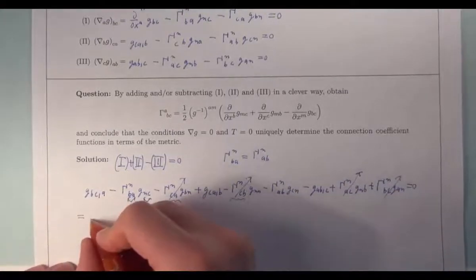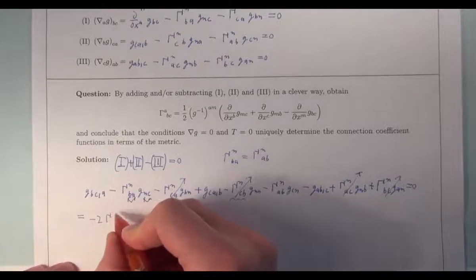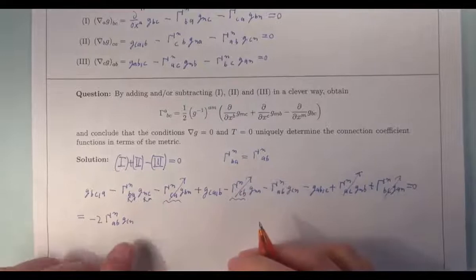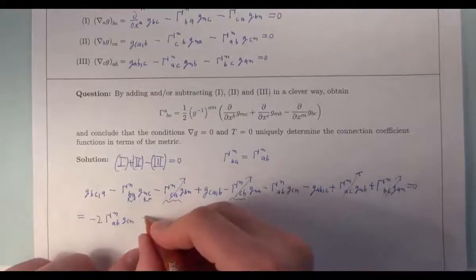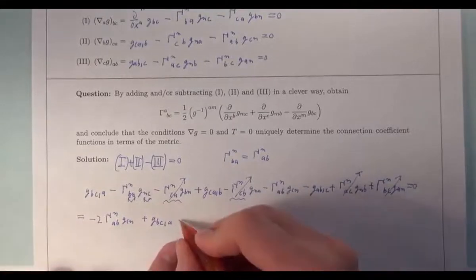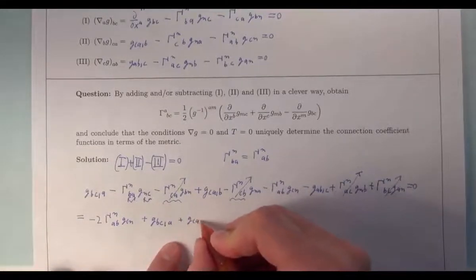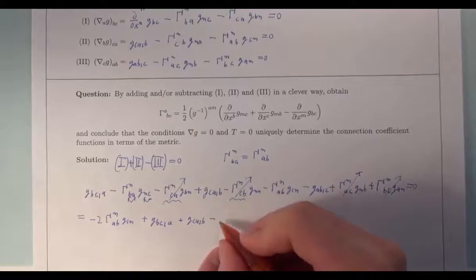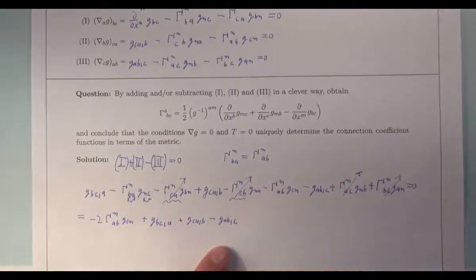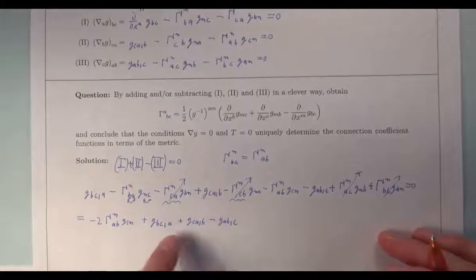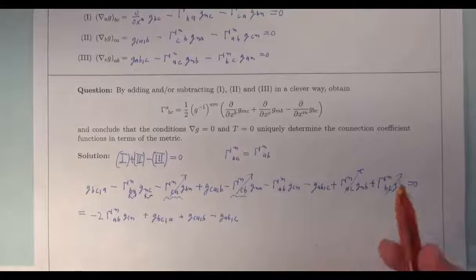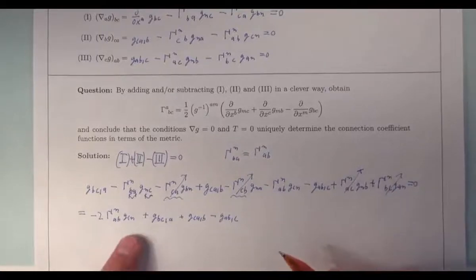So this is equal to minus 2 gamma NAB G_CN plus G_{BC,A} plus G_{CA,B} minus G_{AB,C}. So, in order to get to this equation, we have to bring this on the other side and multiply with the inverse metric.